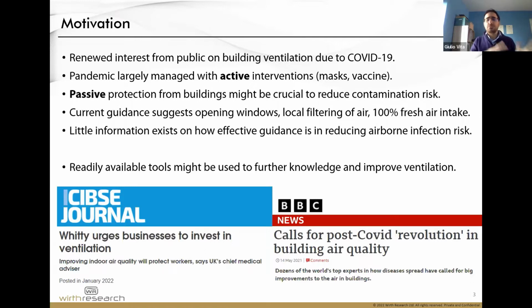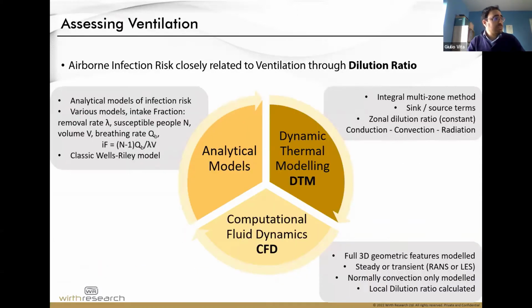They also interfere with comfort, which is a very dangerous field: to reduce comfort, to do something that is not clear how effective it is. So we think that we already have the tools to actually provide some more guidance to improve knowledge and ventilation. Among the different methods to assess ventilation, there are different levels and different things.